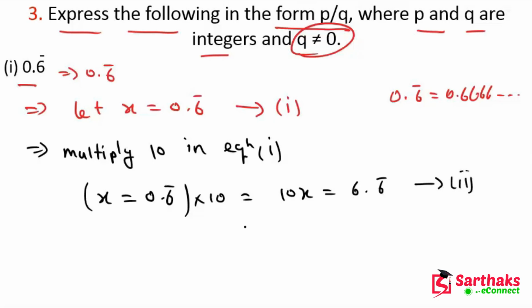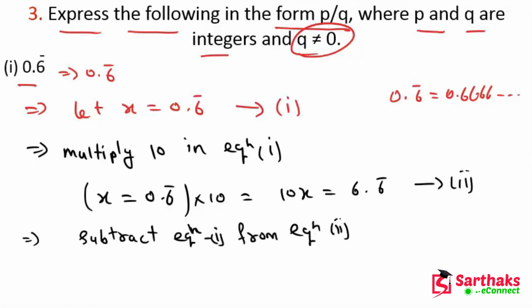So now we have to subtract equation 1 from equation 2. So this will become 10x minus x is equal to 6.6 bar minus 0.6 bar.